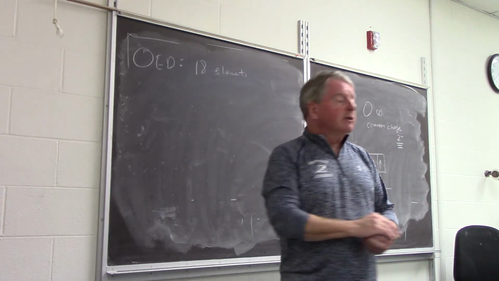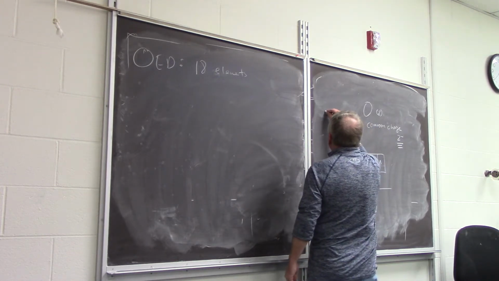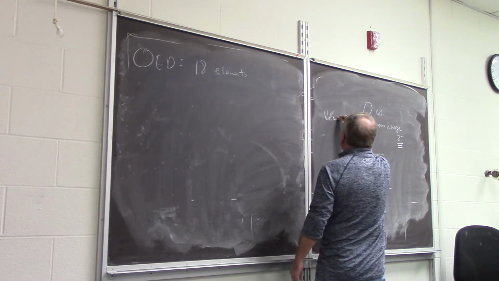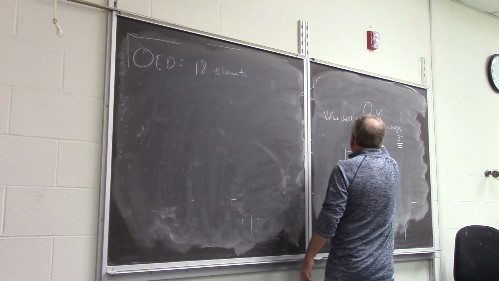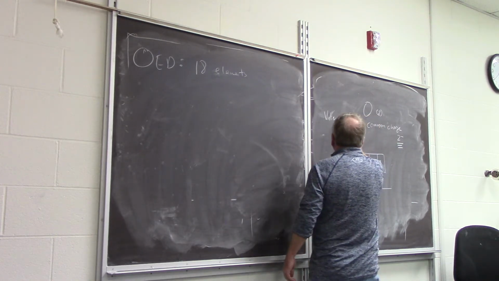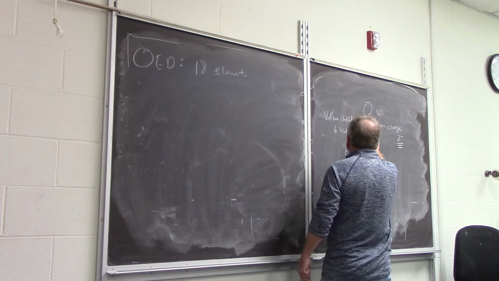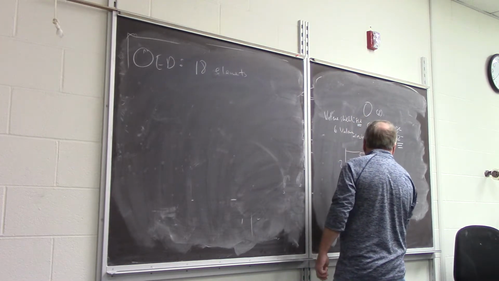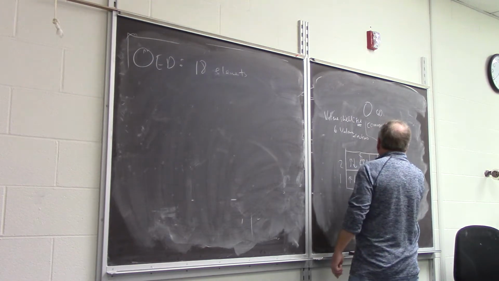All right, so oxygen: the valence shell is energy level 2, and it has 1, 2, 3, 4, 5, 6 electrons. Now, the common charge for oxygen is 2 minus.